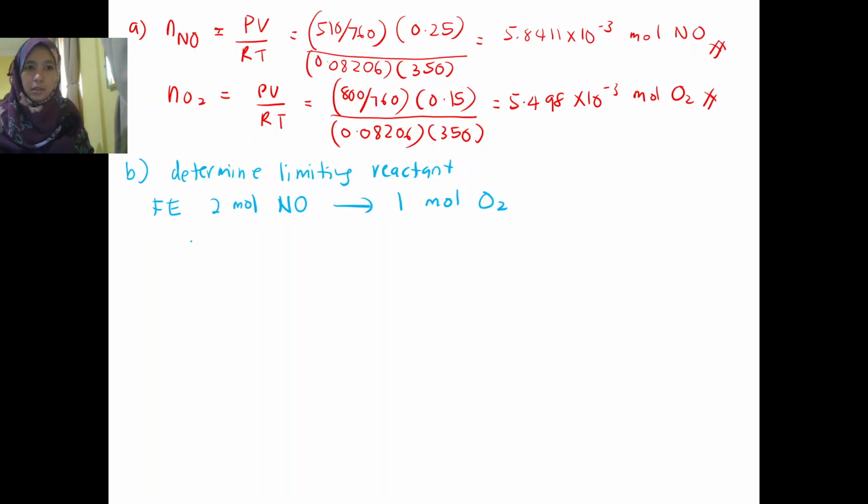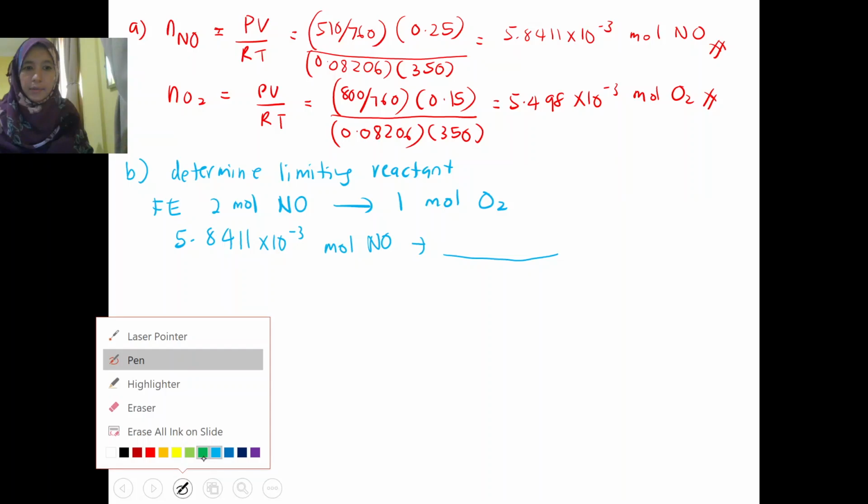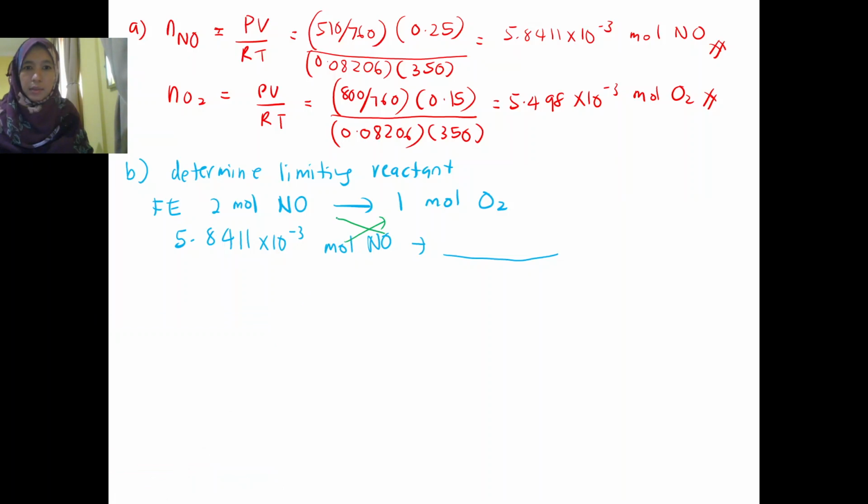So if we use all the mole for NO, which is 5.8411 exponent negative 3, meaning how many mole of O2 do we need? So you just cross multiply. Okay, so this one cross multiply. So we will get 2.92055 exponent negative 3 mole of oxygen.